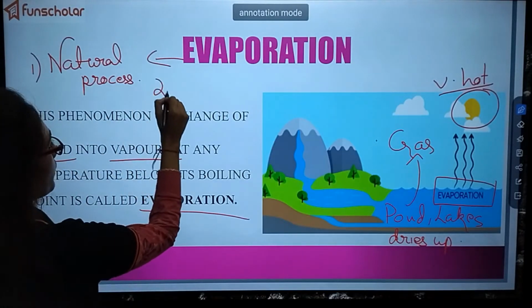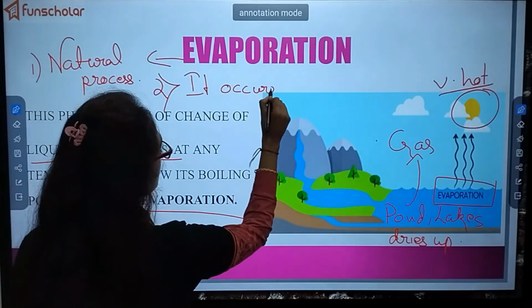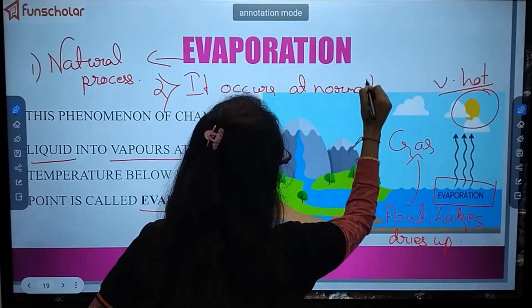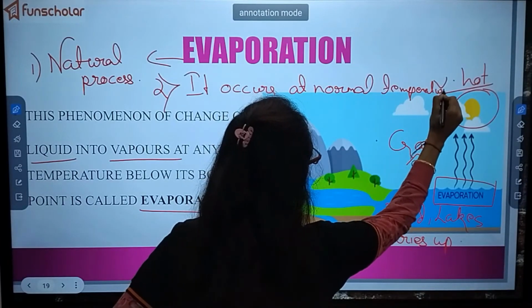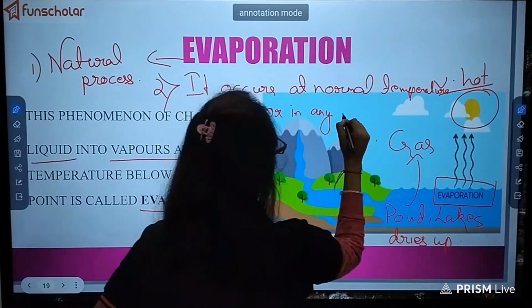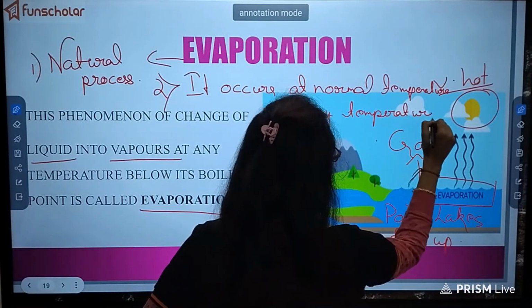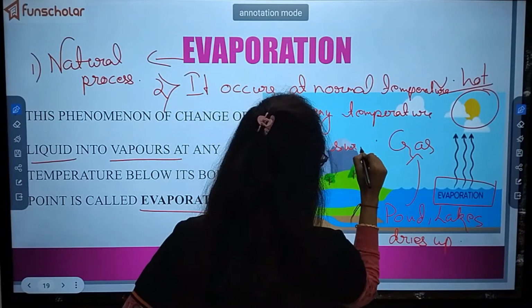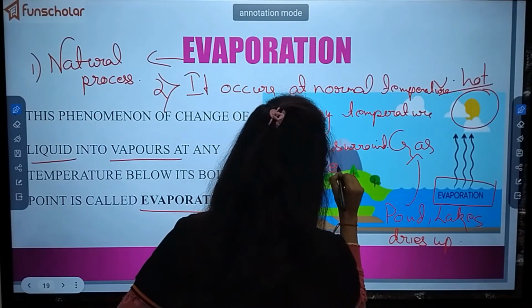Second point, it occurs at normal temperature or at any temperature of the surrounding environment.